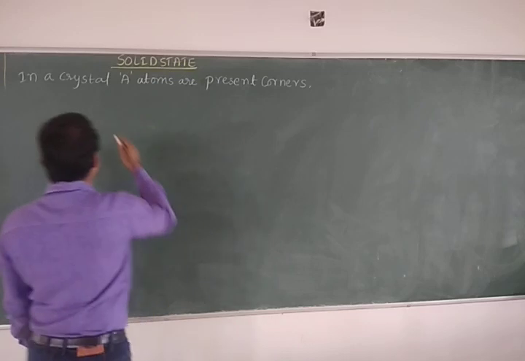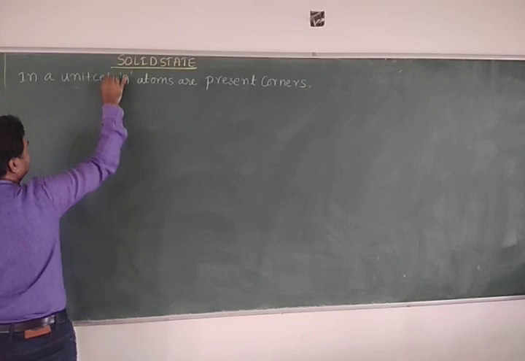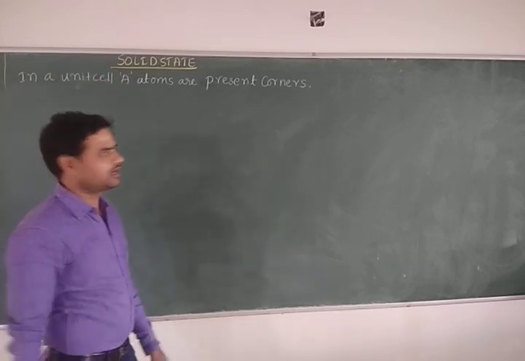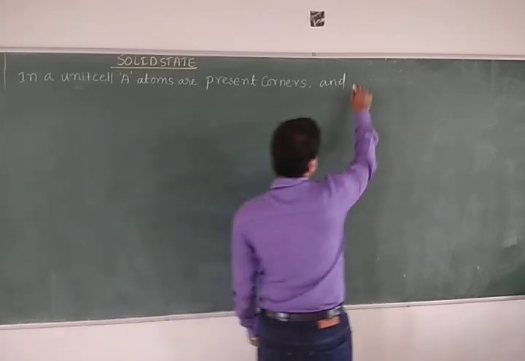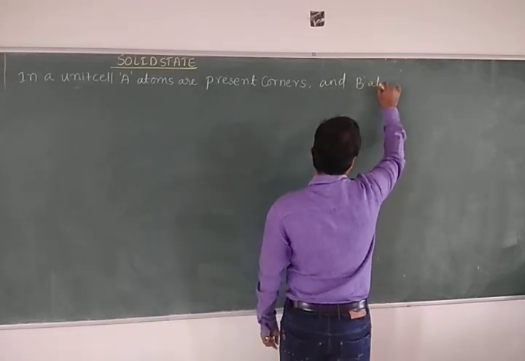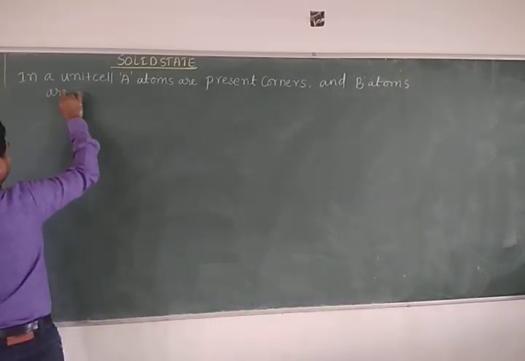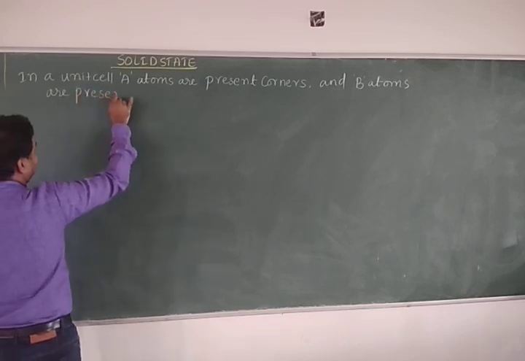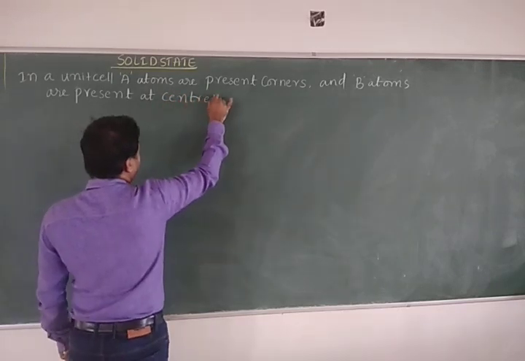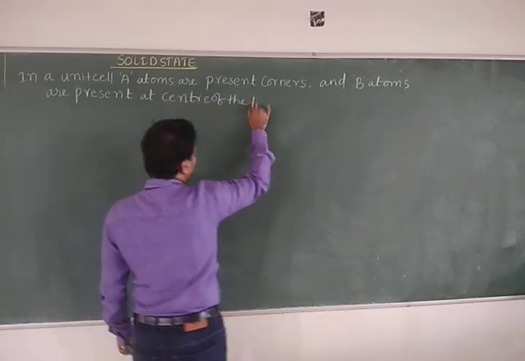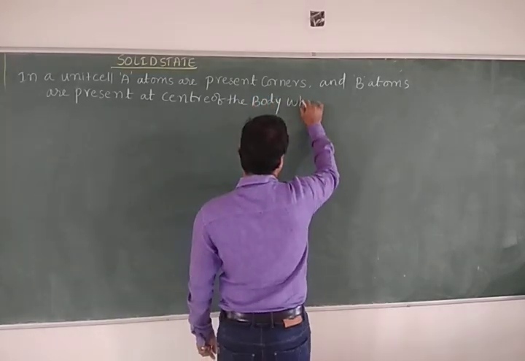A atoms are present at the corners of the unit cell, and B atoms are present at the center of the body, the body center of the unit cell.